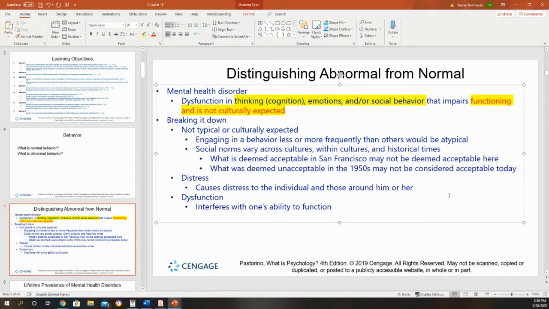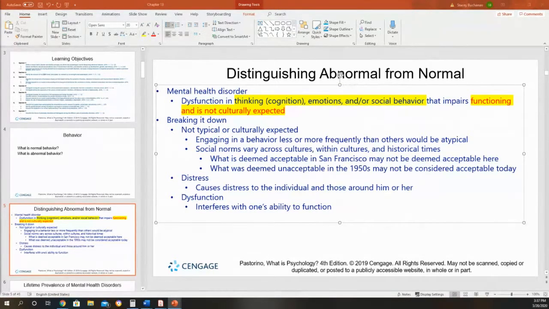So that first question I asked, does it account for cultural differences? There are some cultures that show behaviors that we do not, and we show certain behaviors that other cultures would not.